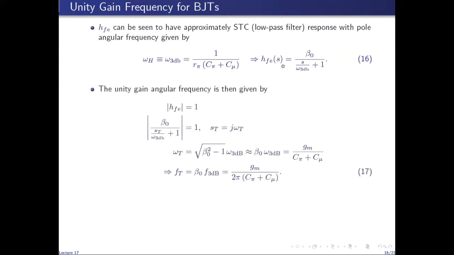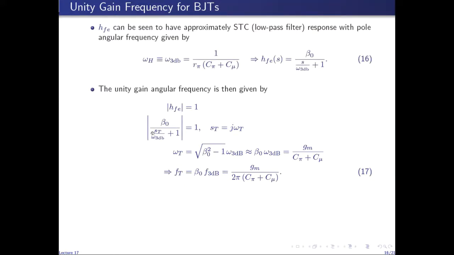So the unity gain angular frequency is then found by putting the magnitude of this expression to 1. So remember, the unity gain frequency is defined as the frequency at which the magnitude of the short circuit current gain becomes unity. So we put the magnitude of this expression to 1, and the frequency at which this happens is called omega t, or s t, because I write j times omega t by s t. S t simply refers to the fact that this happens at the unity gain angular frequency omega t.